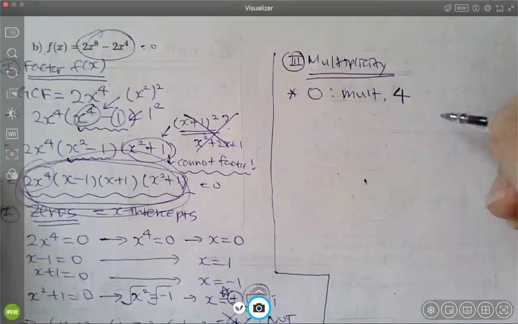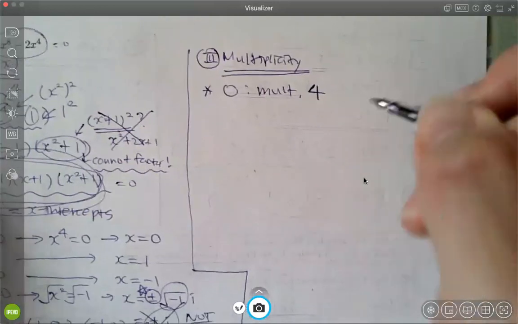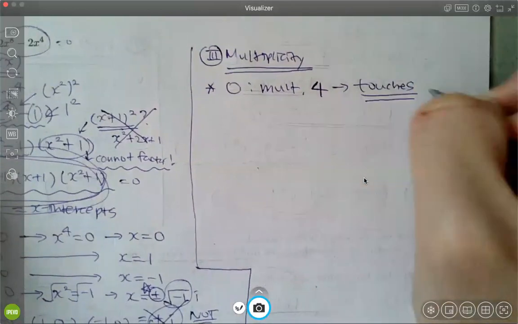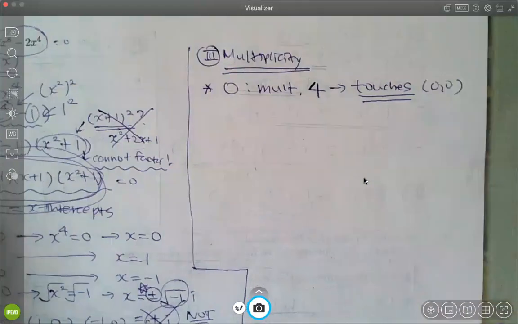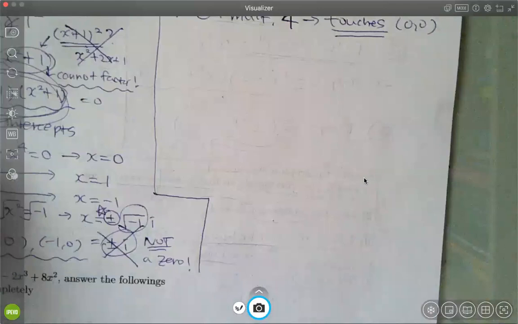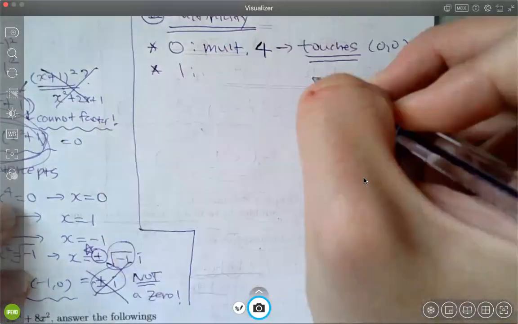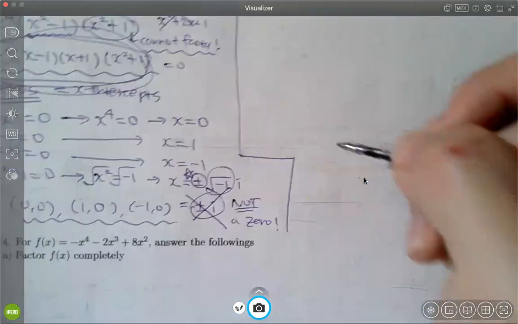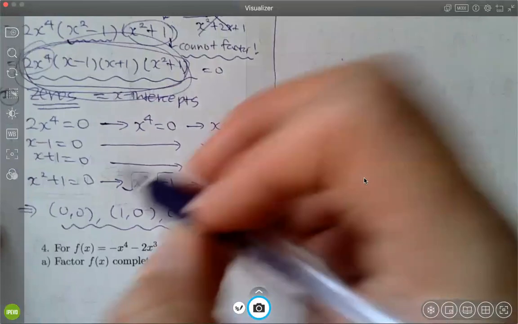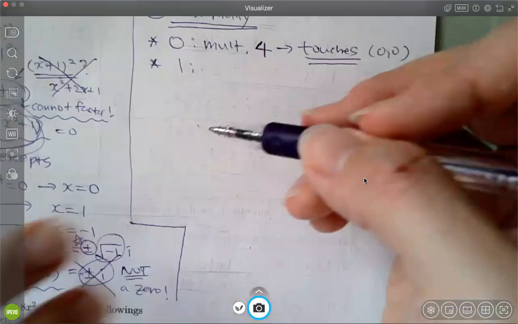And since this number is even, the graph will touch (0, 0), right? The graph touches (0, 0). Now the second zero, which is 1. The second zero, 1, came from where? x minus 1, whose exponent is what? Also 1, right? So its multiplicity is 1.